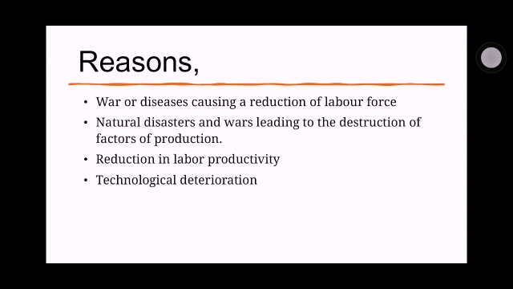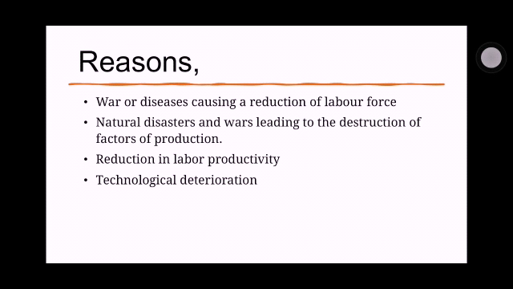War or diseases causing a reduction of labor force, obviously destruction of resources, or natural disasters and wars leading to the destruction of factors of production. There's no land, no labor, no capital, so how can you produce? A country was producing at a certain amount, but then there's a war, so the employees are killed, and there are no factories, so gradually the production capacity of that economy falls.